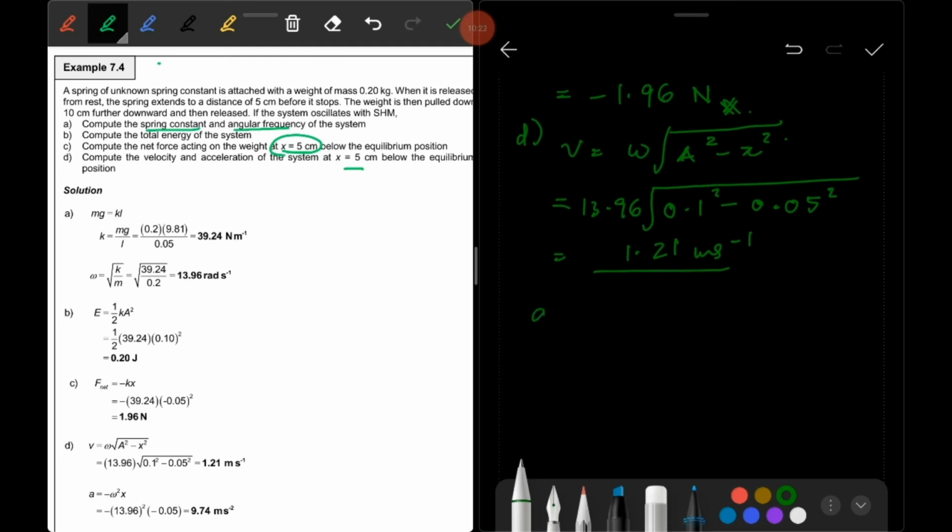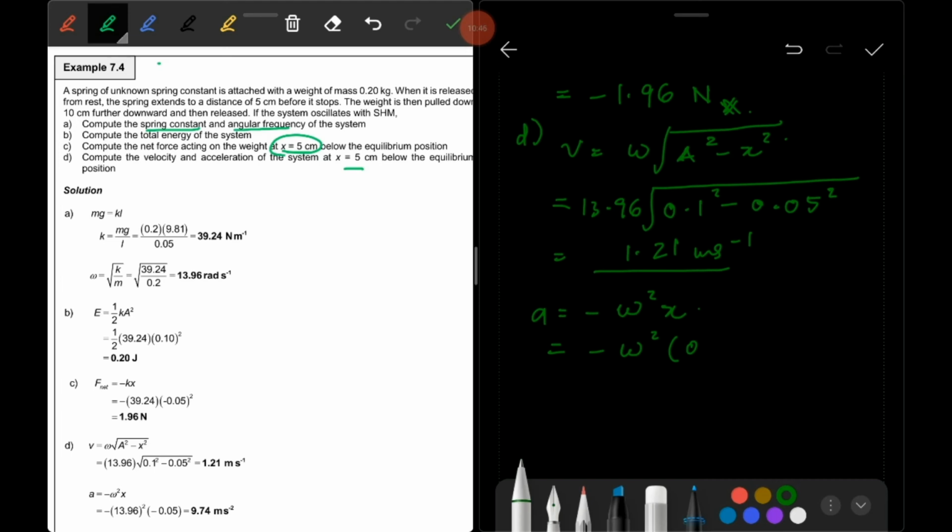Okay, so a is equal to minus omega squared x. Remember this equation, don't forget this equation. So omega squared and then x. X here is optional.